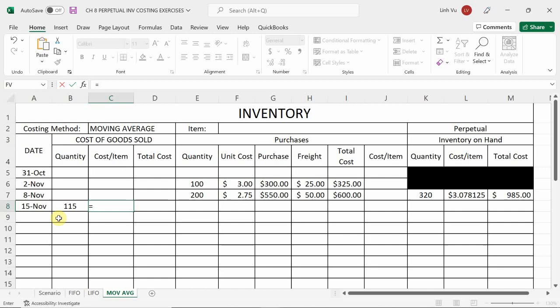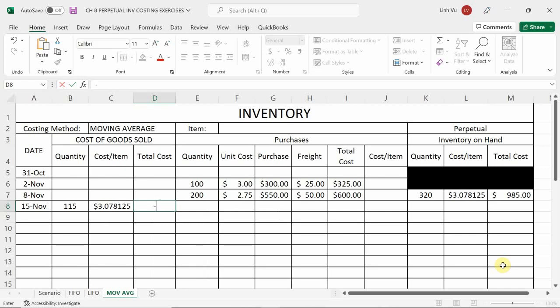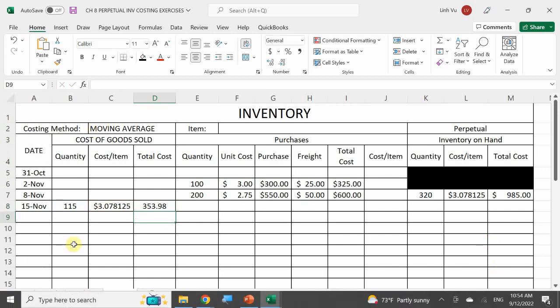So if my average cost per item is 3.078125, then what is my grand total cost of goods sold here? 353.98. $353.98 is correct.